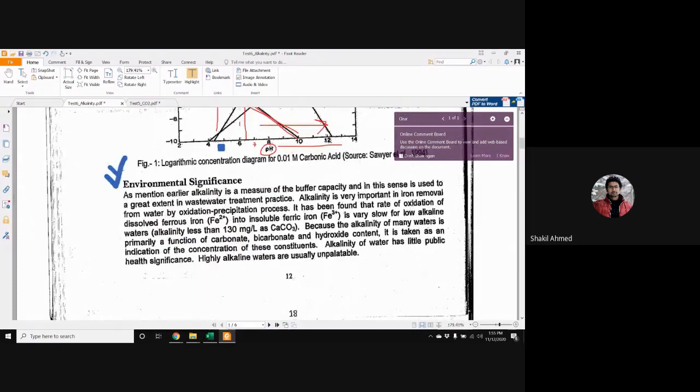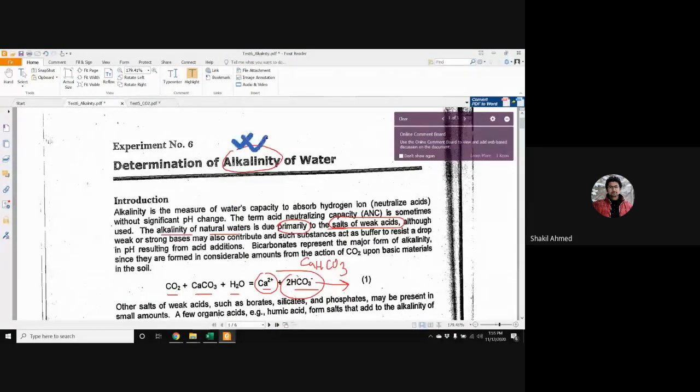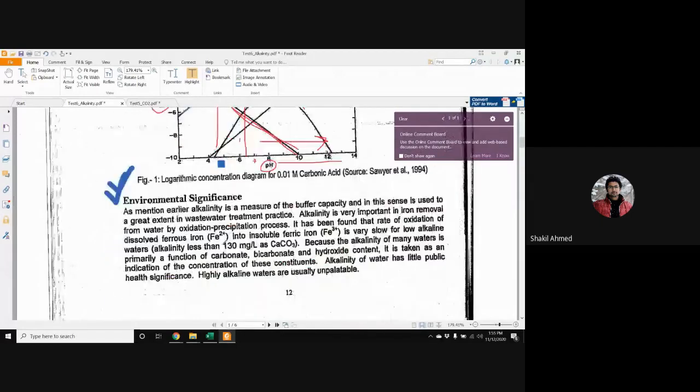Environmental significance of alkalinity. Why are you concerned about alkalinity? As mentioned earlier, alkalinity is a measure of buffer capacity, and in this sense is used to a great extent in wastewater treatment practice.